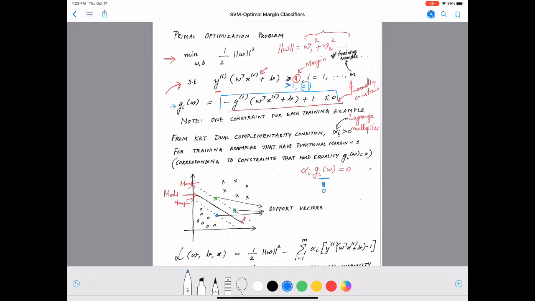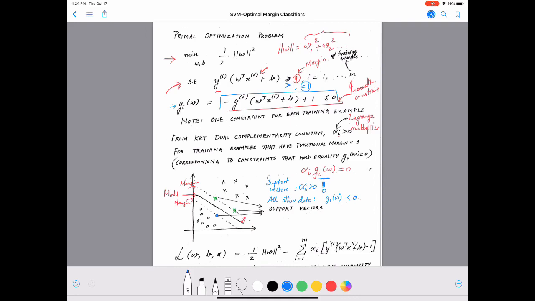Hence, alpha i, the Lagrange multiplier, can be greater than 0. This is for the support vectors. But for all other data points, gi of w is strictly less than 0.